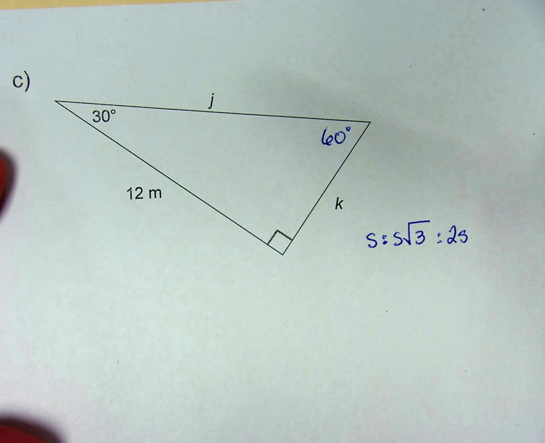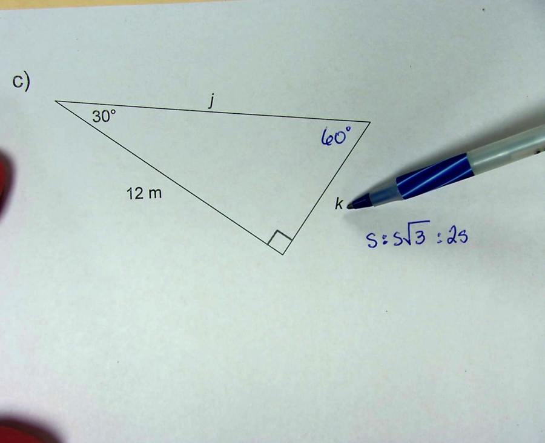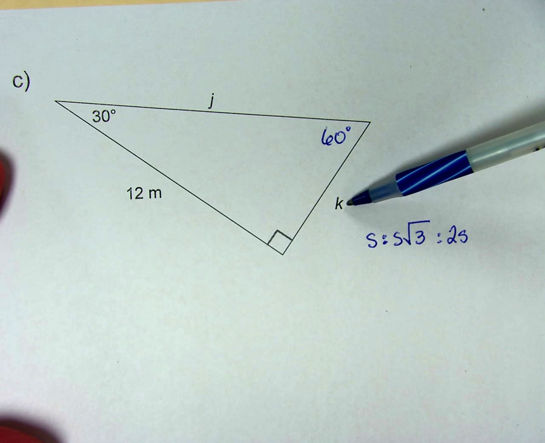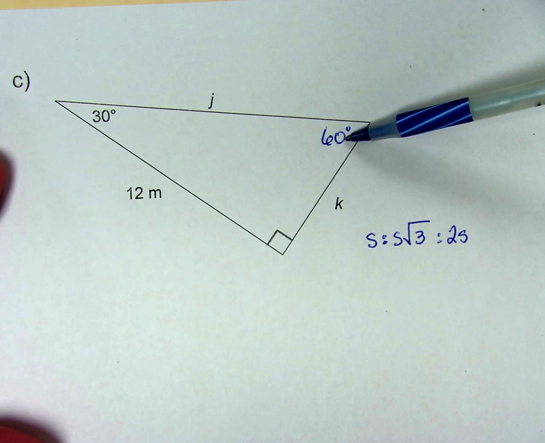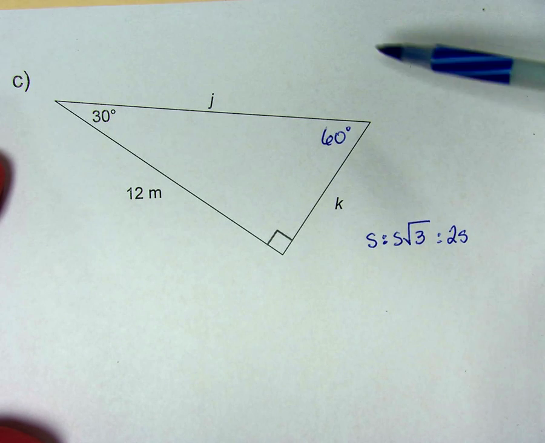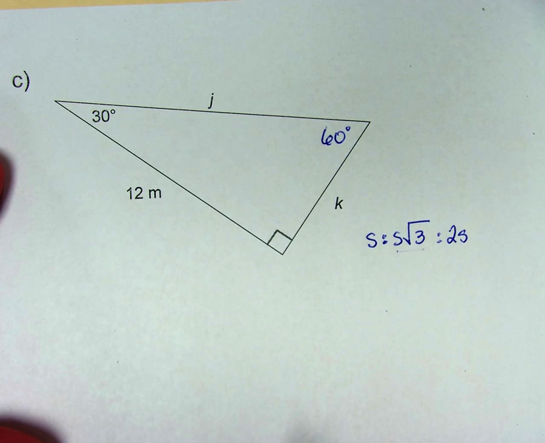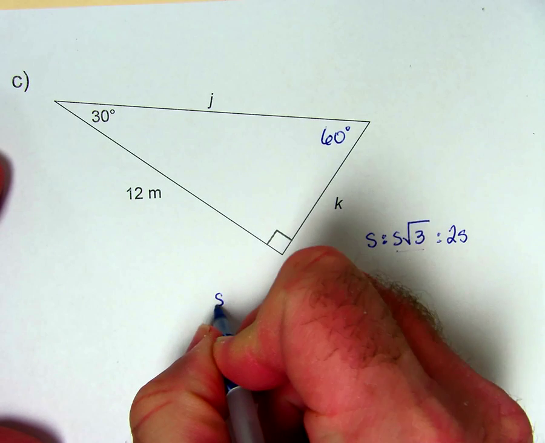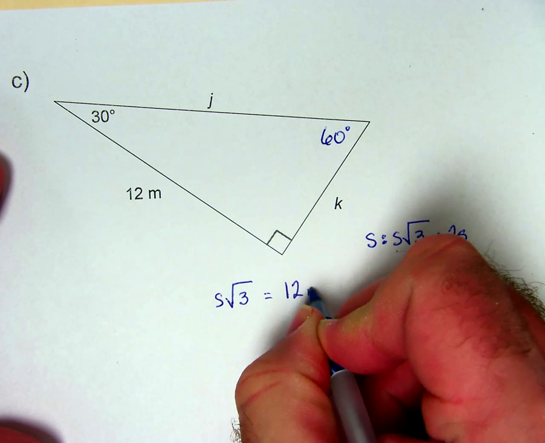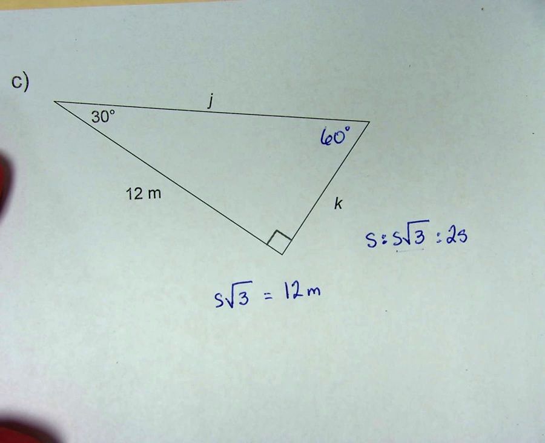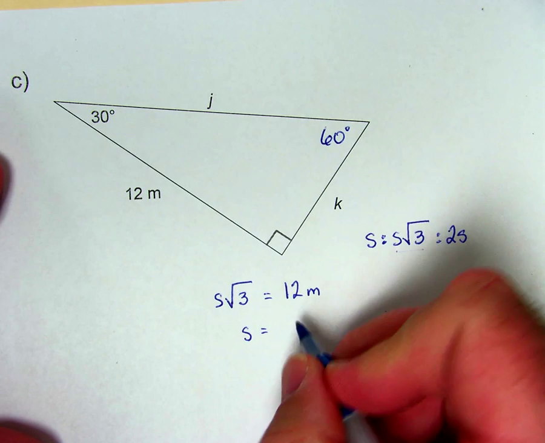So in this case, 30 degrees, K is the shorter leg, so I don't know that. That's the one I want to find first, however. See, J is the hypotenuse, so that means the 12 meters opposite the 60-degree angle is the longer leg. That fits into this one in our ratio. So that means we know that S times the square root of 3 is equal to 12 meters. So to solve for S, we would divide both sides by the square root of 3.